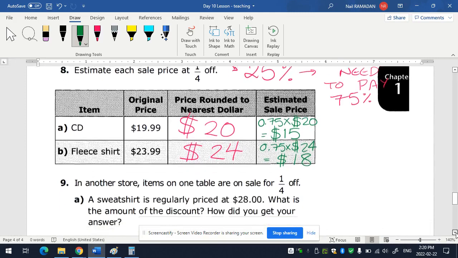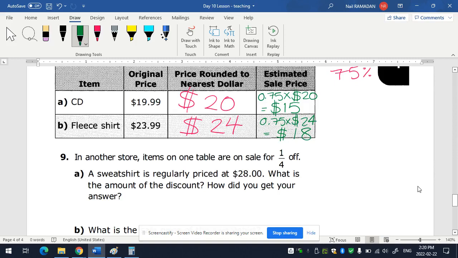Okay. In another store, items on one table are on sale for, yet again, 25%. What does that mean? How much are you still going to have to pay? You got it. Always think of it this way, just whatever makes it up to 100.